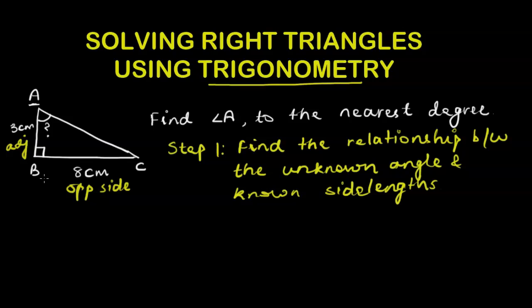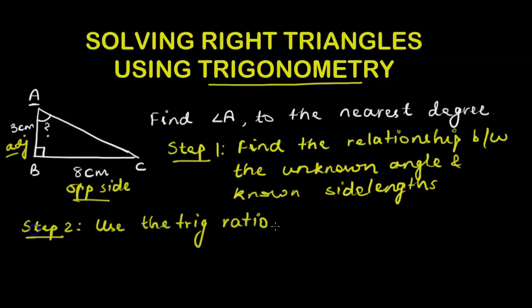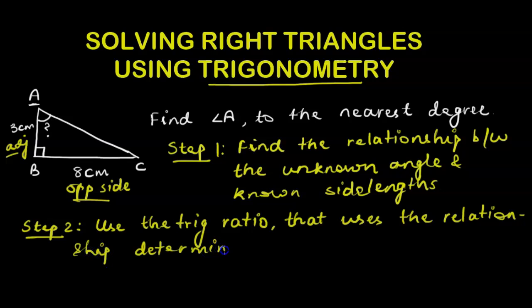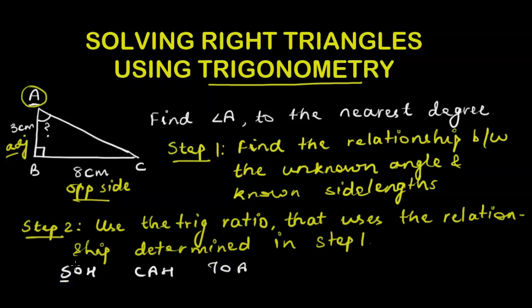Once we are done with step 1 by marking these relationships on the triangle itself, step 2 is to use the trig ratio that uses the relationship determined in step 1. The trig ratio that defines opposite and adjacent side for angle A is TOA. We write all three trig ratios, SOH CAH TOA, because SOH requires opposite and hypotenuse, CAH requires adjacent and hypotenuse.